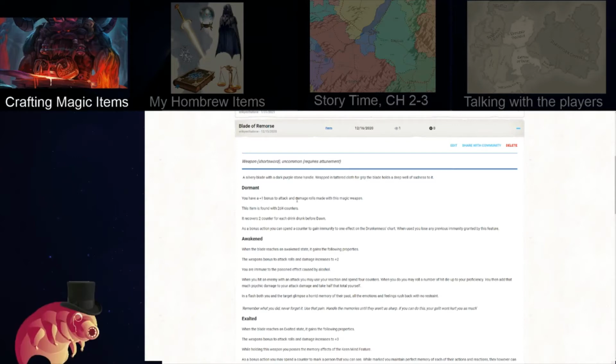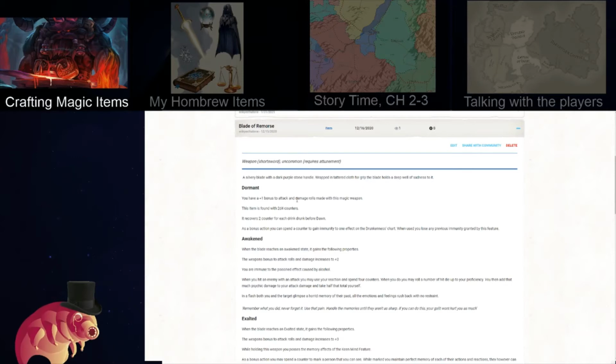The Blade of Remorse is a silvery blade with a dark purple stone handle. Wrapped in tattered cloth for grip, this blade holds a deep well of sadness to it. In its dormant state, you have a +1 bonus to attack and damage rolls made with this magic weapon.